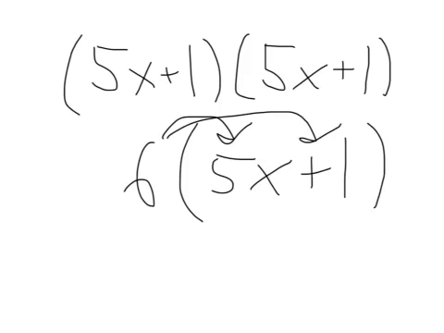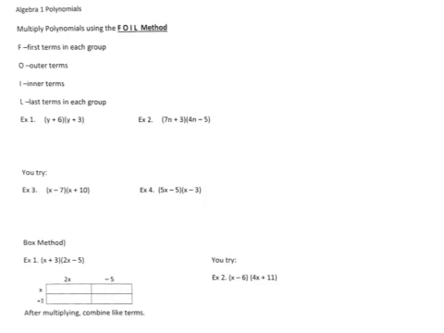And my simplified expression would be 30x plus 6. So we are going to turn to the place in our packet that says multiplying polynomials using the FOIL method and the box method.